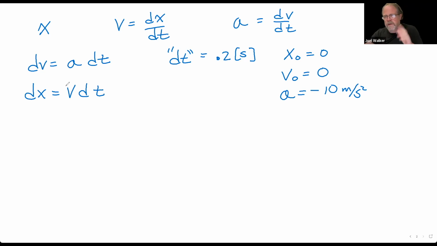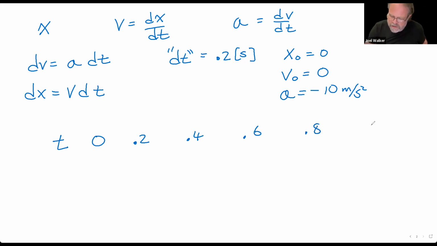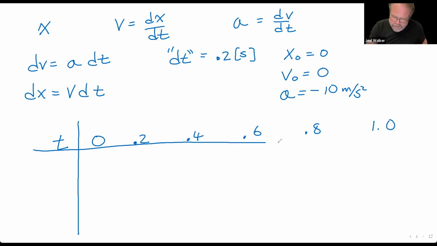Let's take a 1 second wide time interval. Let's go from t, 0 to 0.2 to 0.4 to 0.6 to 0.8 to 1 second. So let's do time here in units of seconds.